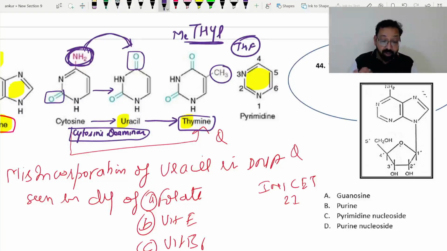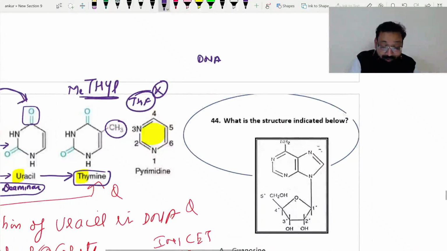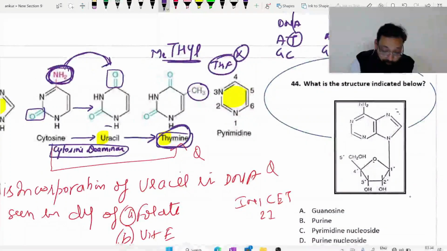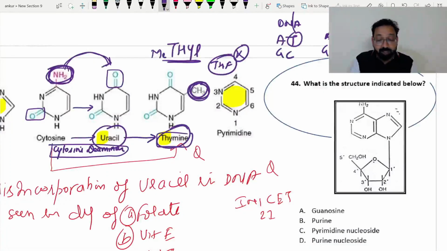This question was asked recently in a different way. Two or three recall-based questions were recently asked. Due to deficiency of folic acid, what will happen? You all know DNA has ATGC, RNA has AUGC. What is the difference between T and U? The only difference is the methyl group.